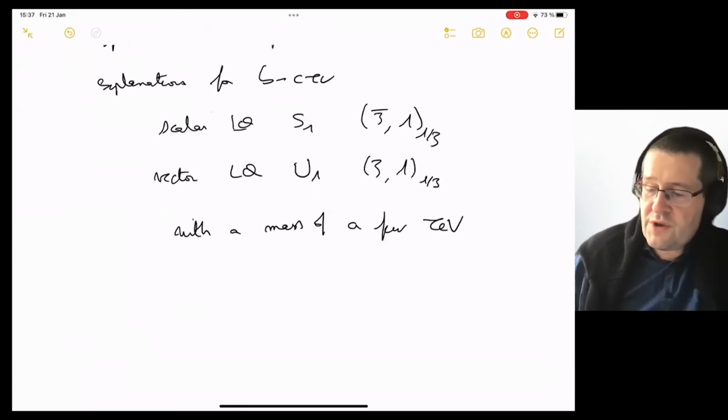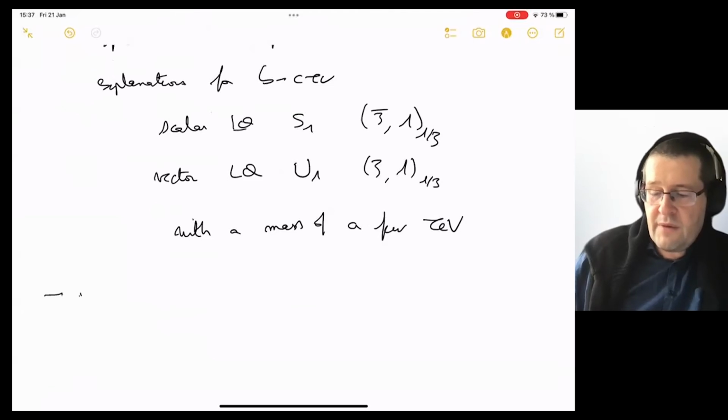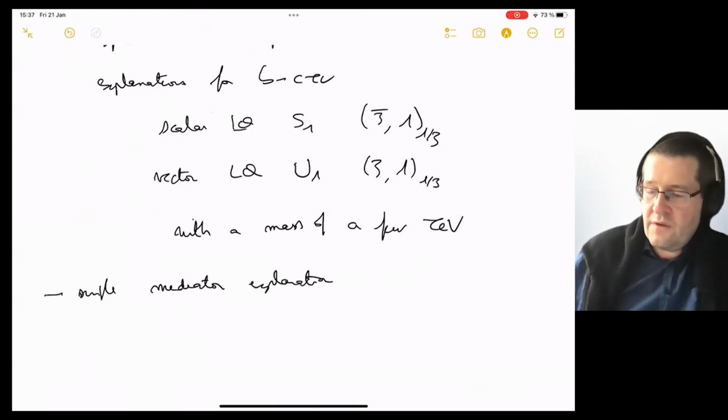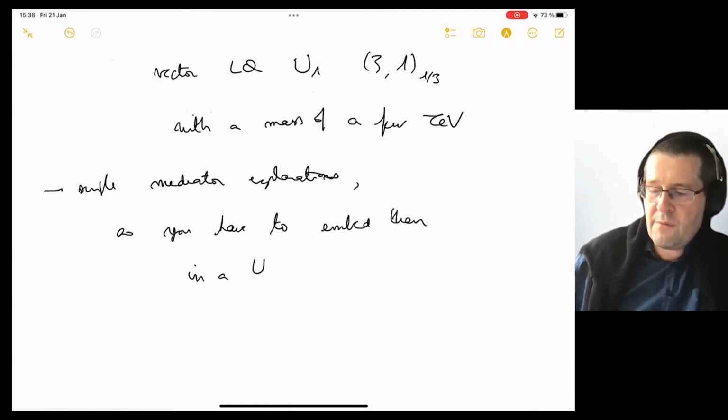One thing that I want still to highlight is that these are single mediator explanations. So you have to embed them in a UV complete theory.